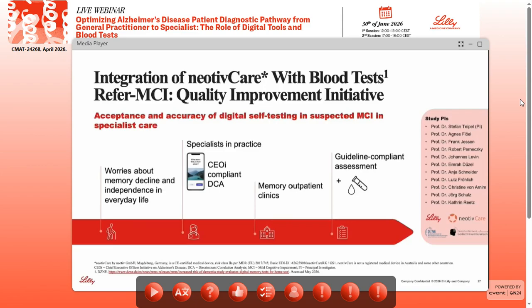Specialists prescribe the app when they suspect mild cognitive impairment. And in this case, all patients then go to a memory clinic and receive a guideline-compliant extensive neuropsychological assessment and the blood-based biomarker testing. This then helps us to determine how much we can achieve a quantitative improvement in correct referrals from specialist offices to memory clinics.